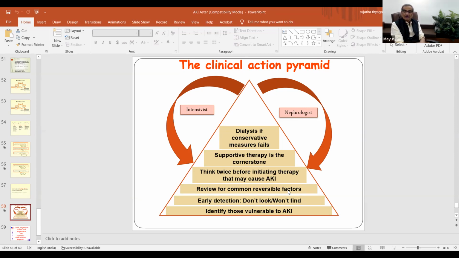But equally important is to handle the fluid overload and prevent cumulative overload, because that definitely prolongs the morbidity of acute kidney injury. Supportive therapy is the cornerstone. Think twice before initiating therapy that may cause AKI, and then dialysis if conservative measures fail.